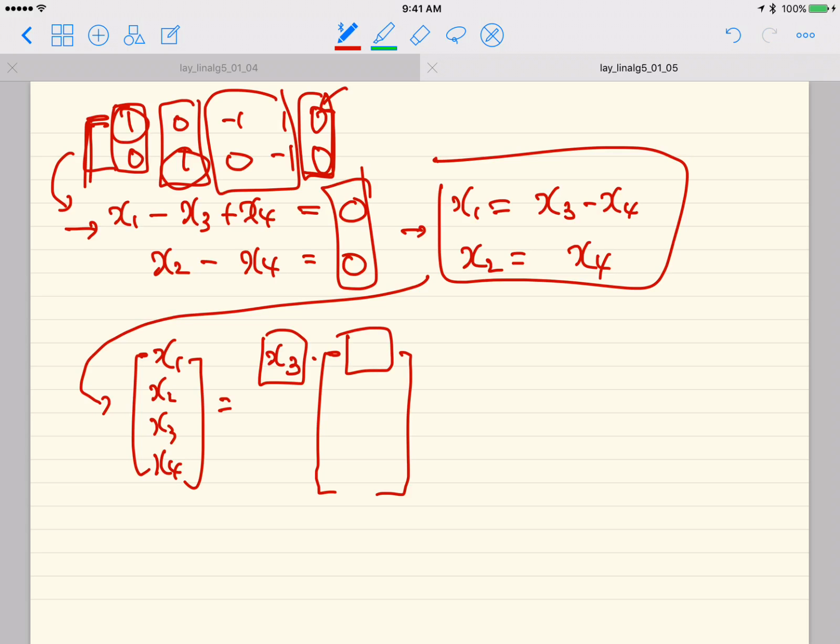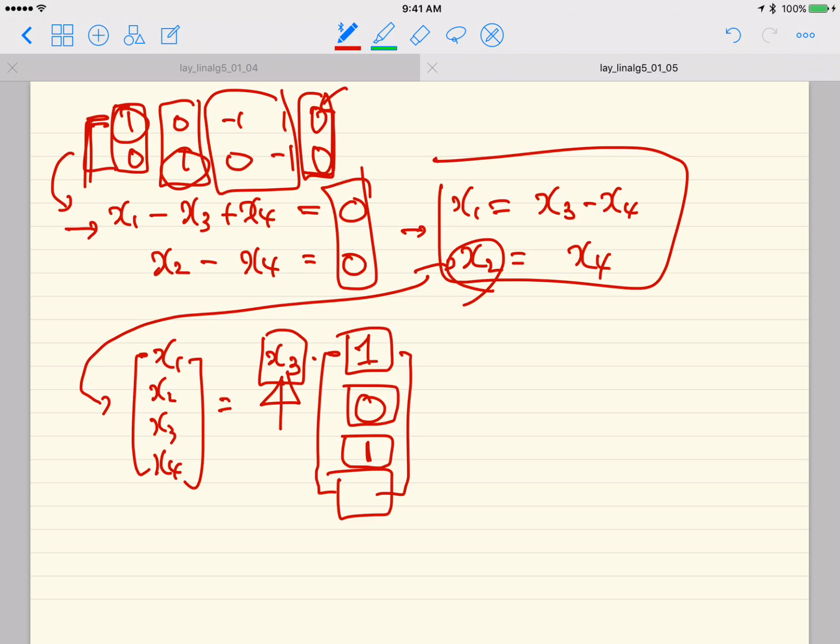First of all, what should this value be? 1. What about the second one? Let's look at x2. Do we have any x2? No, right? What about x3? x3 is just itself that we use as our free variable, and so it should be 1, right? Then what about x4?